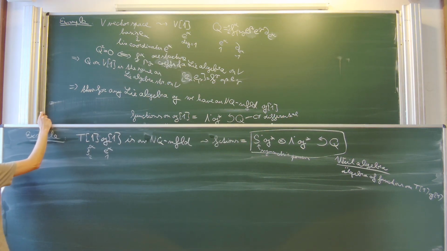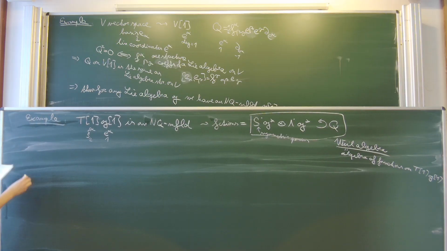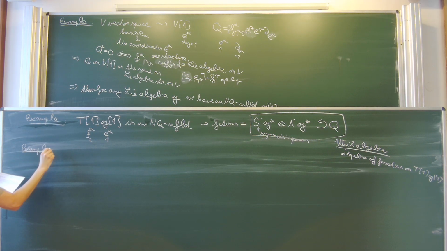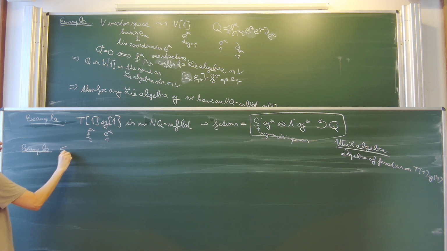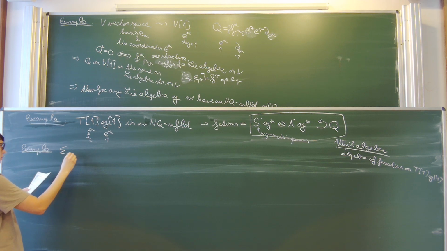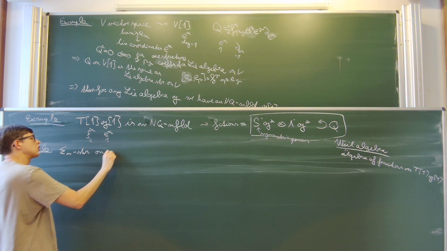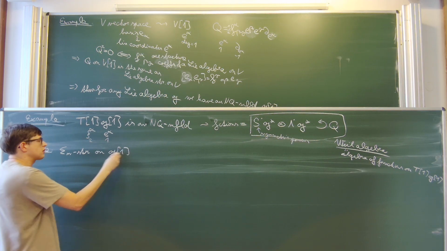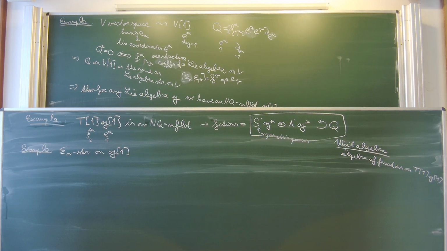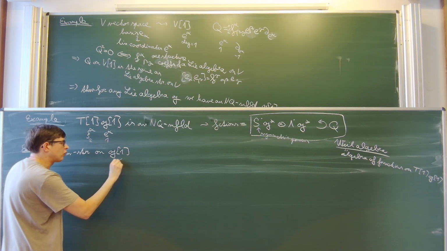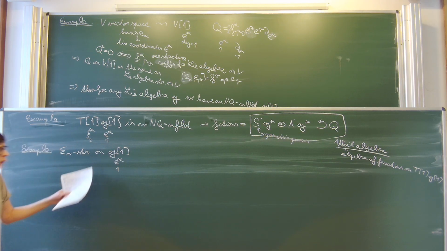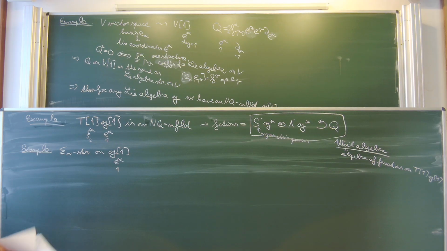Okay, so what is it? Maybe one last example with the algebras. What does it mean if you want to add a symplectic structure? Let's build a sigma-n structure on this NQ manifold. This thing was NQ, it had a differential, it had only one class of coordinates, of degree 1.